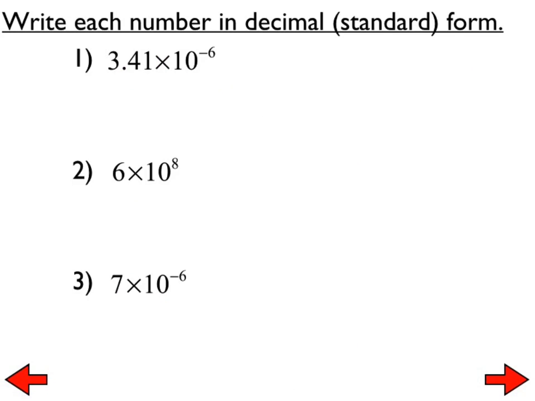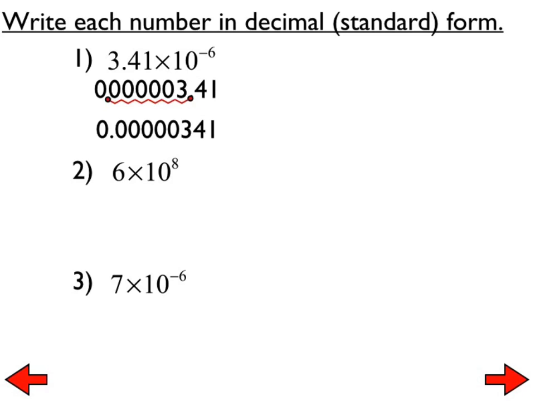Have you guys worked on taking numbers out of scientific notation? Yes? Okay, so we all know that we need to take 3.41 and move the decimal 6 places to the left? Yes? How do you know whether to move to the left or to the right? Is that how you remember it? Okay, and that's fine. I've always remembered it as something like this.